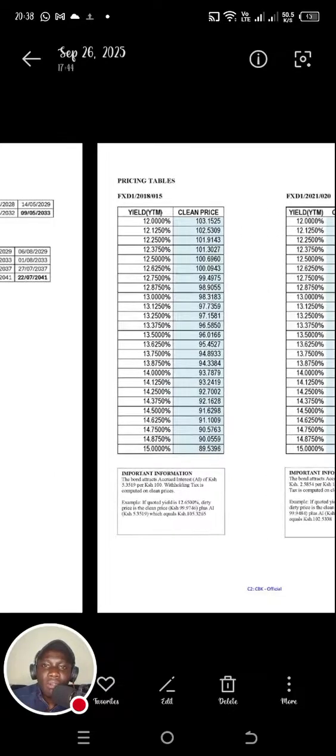As we head to our conclusion, this is our final page, and this page just shows you when interest will be paid for this particular bond.